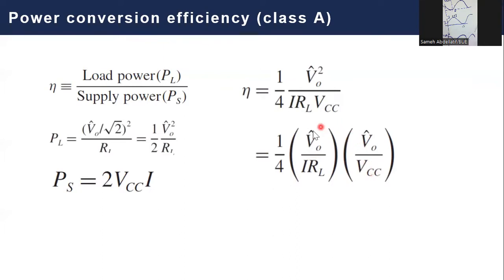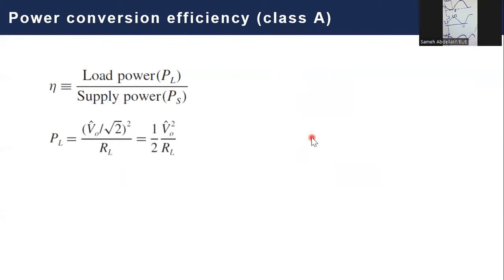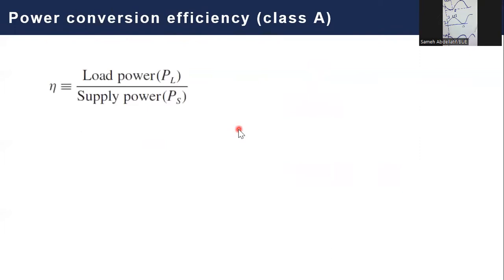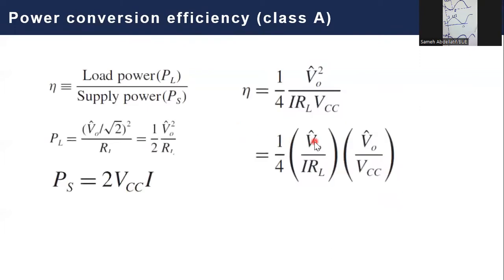Now, if you see this relation, my dear students, you can estimate the maximum efficiency of this stage, because the maximum value of this V output is VCC. So if we substitute here by VCC, and I times RL is still VCC, so this is 1 and this is 1. So the maximum efficiency of this stage is only 25%.